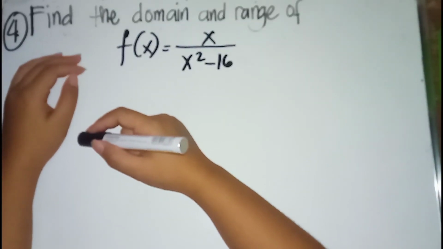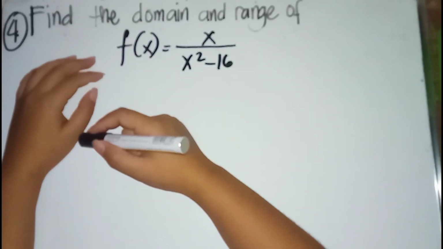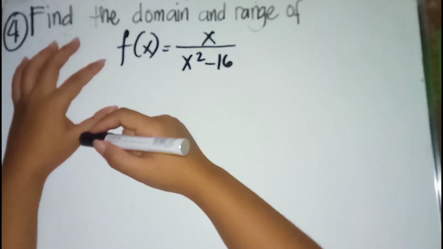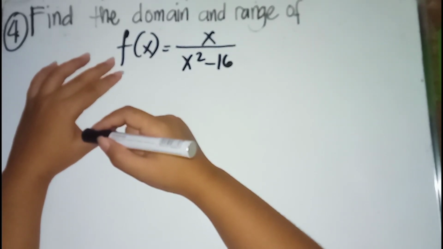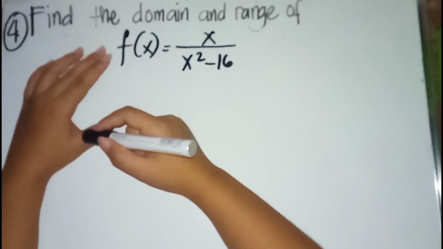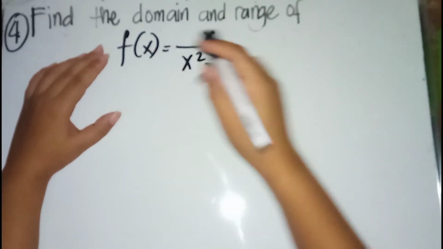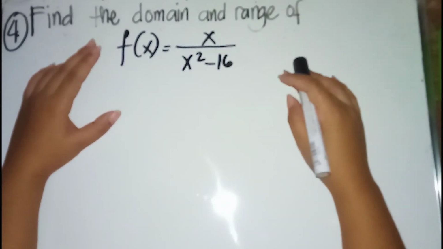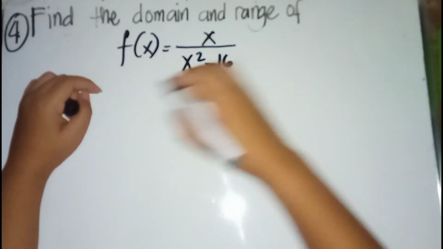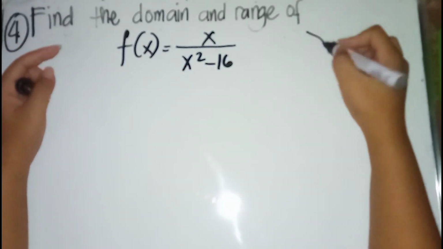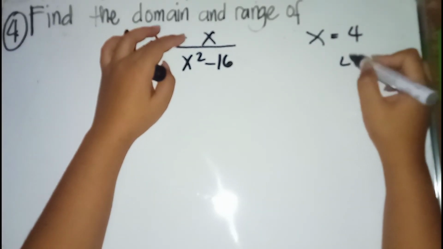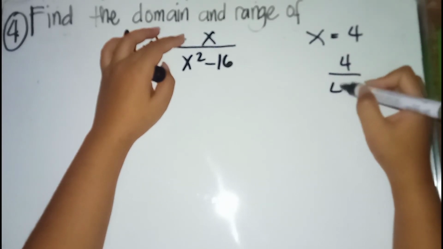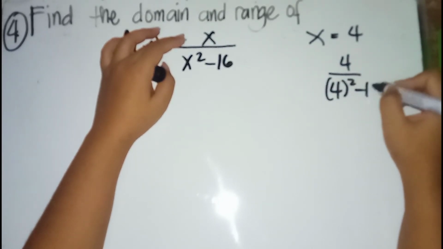Example, find the domain and range of f of x is equal to x all over x squared minus 16. Okay, so the domain and the range of this function is all real numbers except negative 4 and positive 4. Why? Because if we let x be equal to 4, let's try 4 all over 4 squared minus 16.